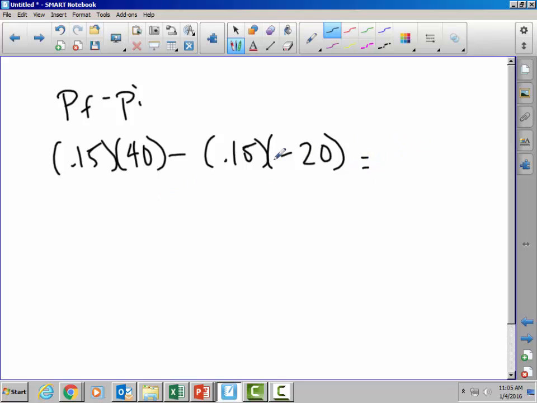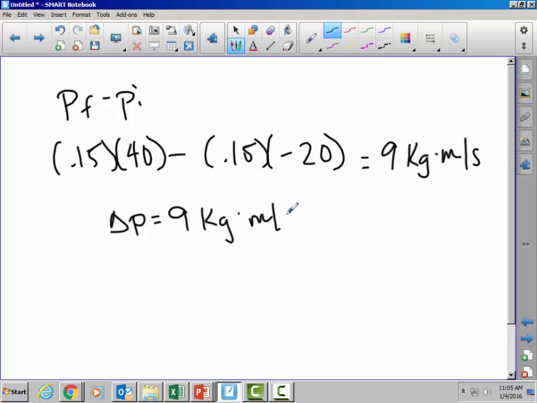When we do that, we get positive 9. So my change in momentum is 9 kilograms times meters per second.